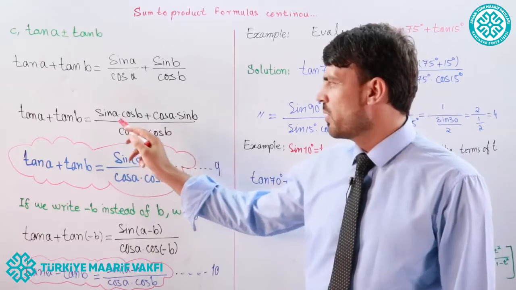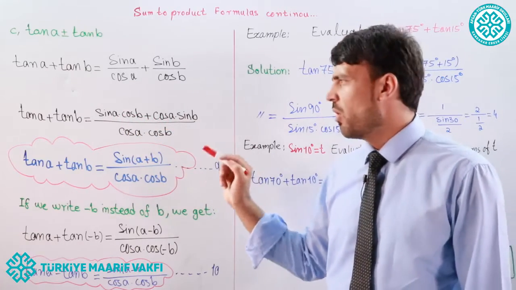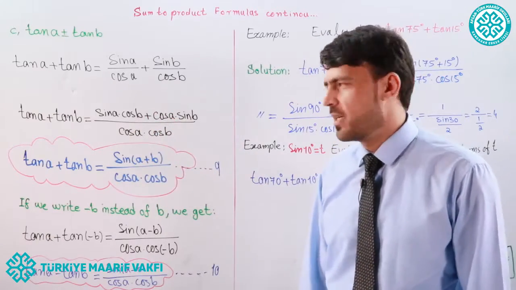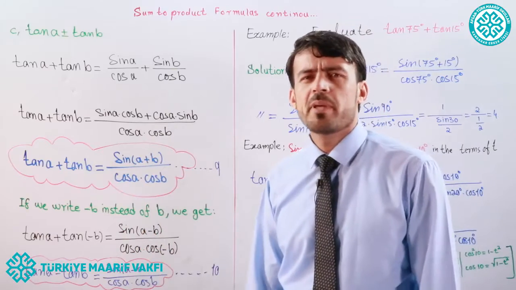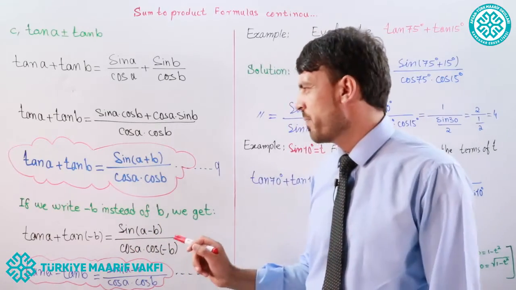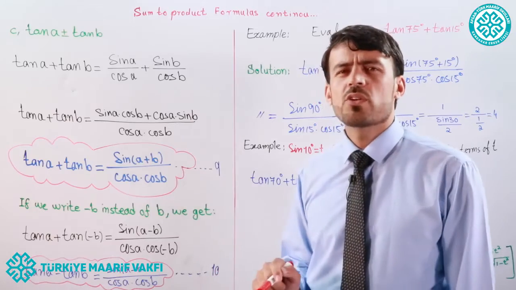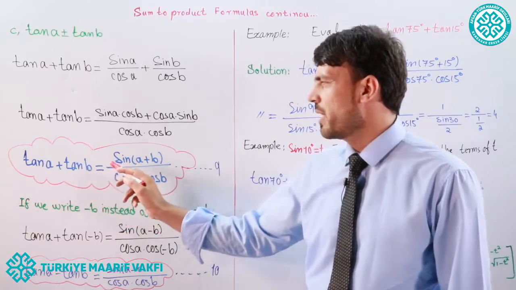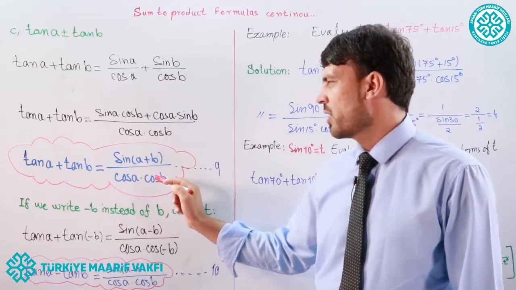Sine A plus B is equal to sine A cosine B plus cosine A sine B. So we are writing sine A plus B instead of these terms, and the denominator will remain in its own form. So our sum to product formula for the tangent function is tangent A plus tangent B equals sine A plus B over cosine A cosine B.